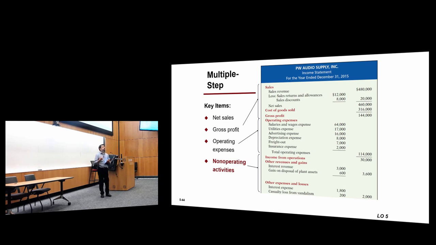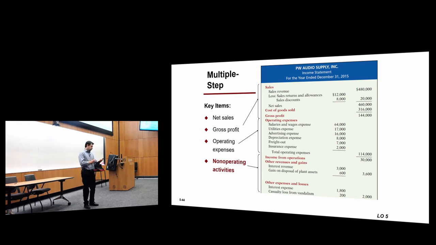This is dividend revenue. So it is separated from operating income, because companies want to make sure that operating income comes from the main line of business. So non-operating activities will list other revenues and gains, and also other expenses and losses.